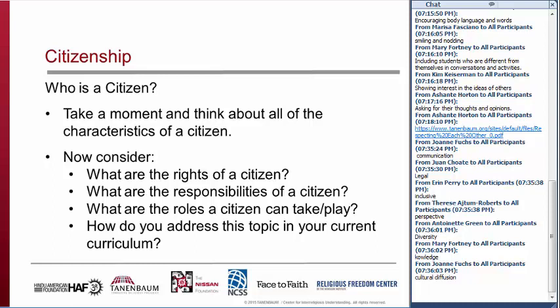And what we want to do is begin to build a little bit of a foundation or structure for perhaps using global citizenship as a lens, as a tool, as a pathway for including religion and religious identity in your classroom instruction.